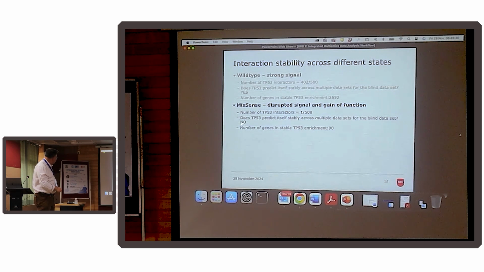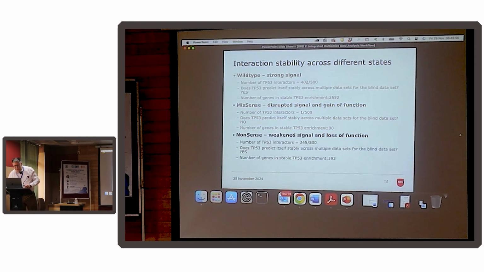If we look at the number of genes in the stable features that we found, we only found 90. Those 90 are probably compensatory mechanisms dealing with the loss of any signal or dealing with the aberrant signal coming from P53. So that's the mutated missense state.